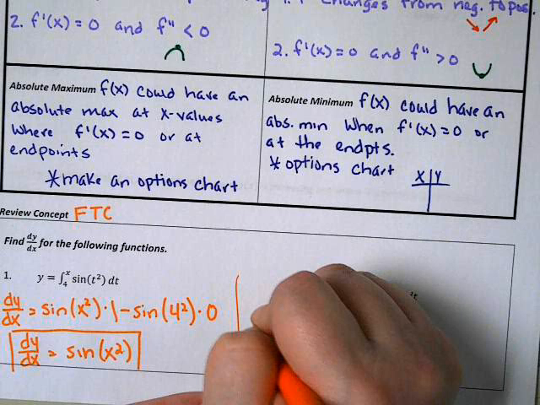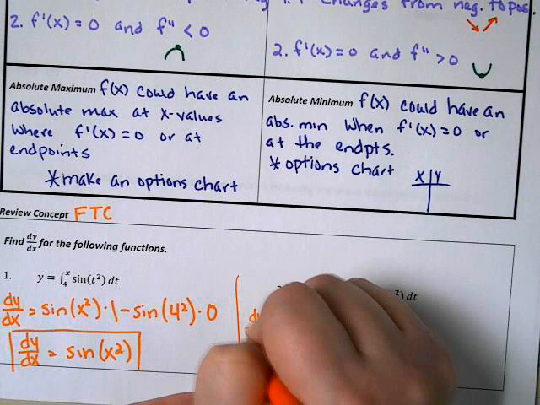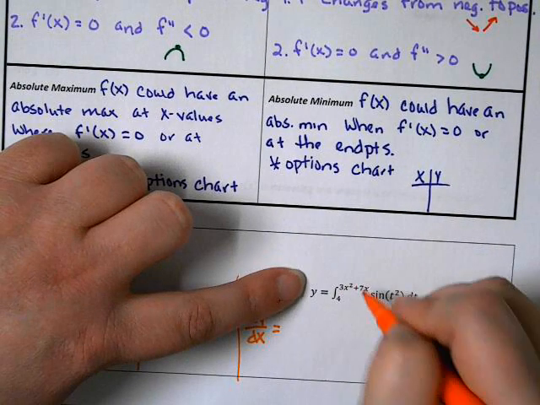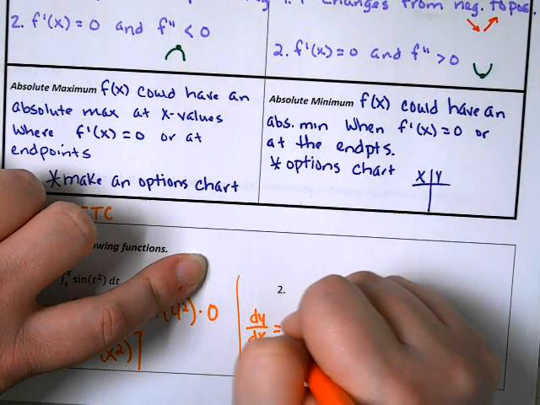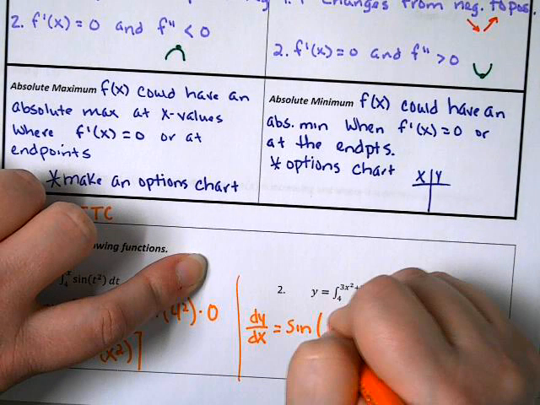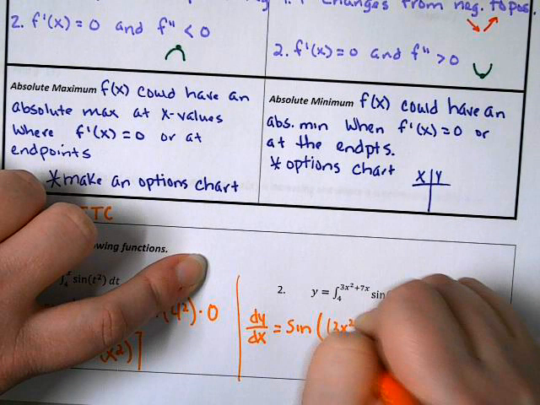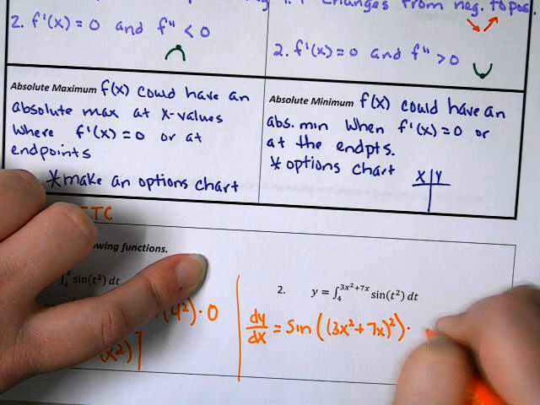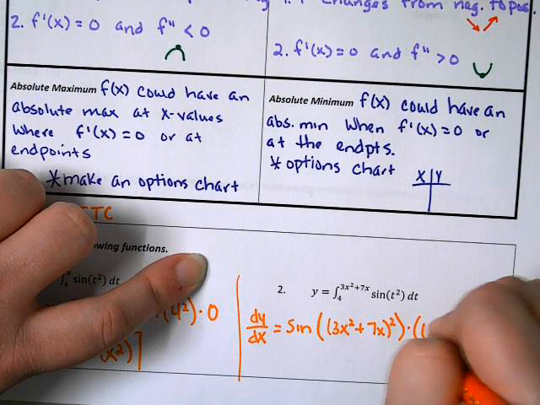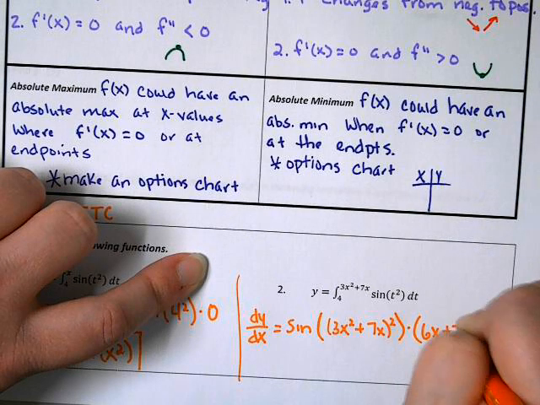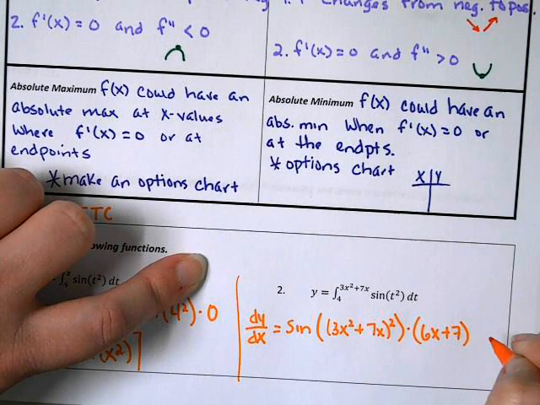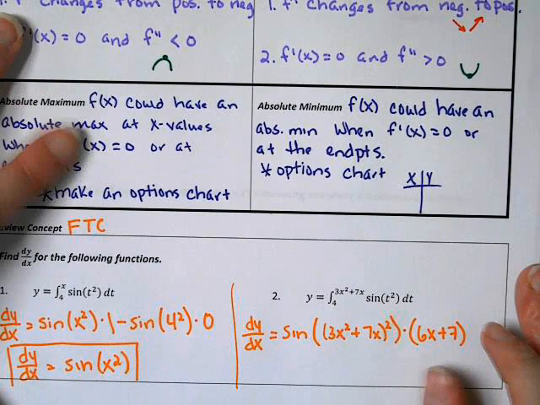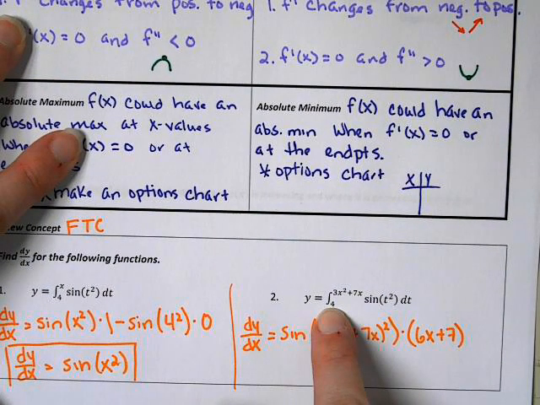For number 2, dy dx, I substitute my upper bound into my function. So it's the sine of 3x squared plus 7x squared times the derivative of my upper bound, which is 6x plus 7. And then hopefully you guys can see that that second piece is going to cancel out because the derivative of 4 is 0.